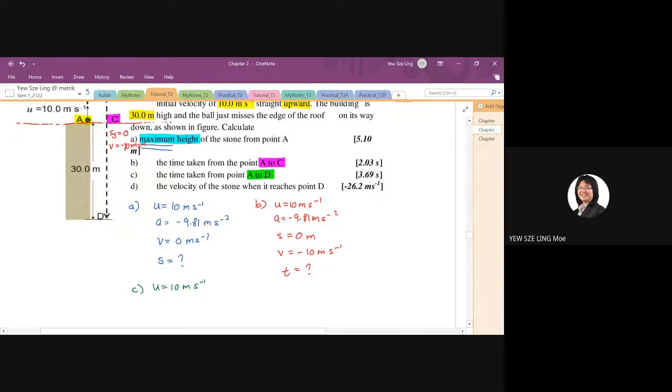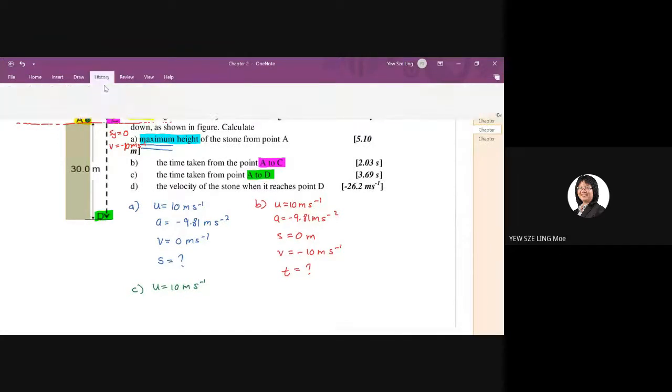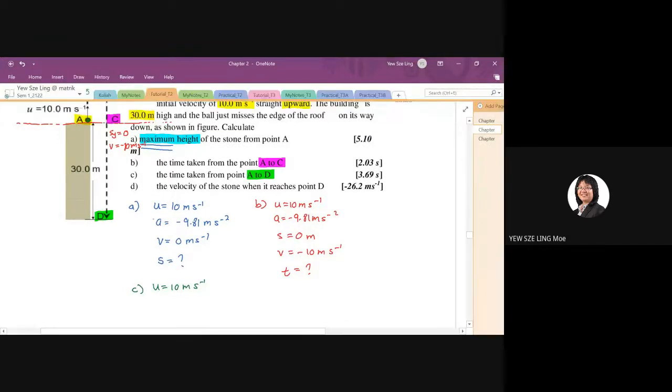Because you still throw the object upwards, even though now our final position is D. Initially, the object is going up. So remember, you don't change the direction of the initial motion. Even though D is located somewhere below A, initially the object is still going up. So u is still a positive value.